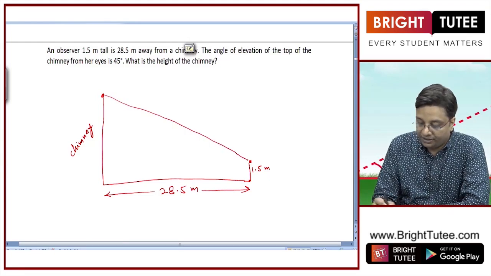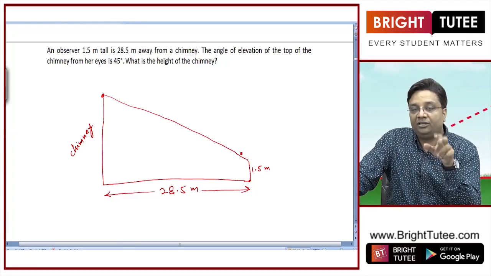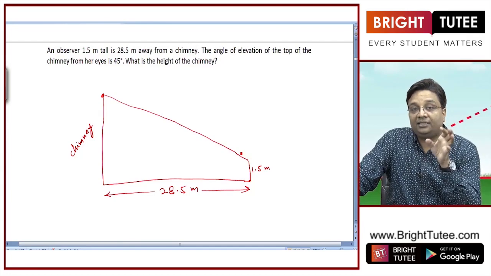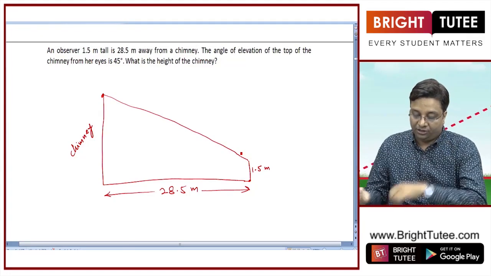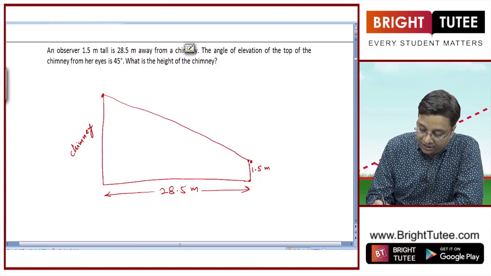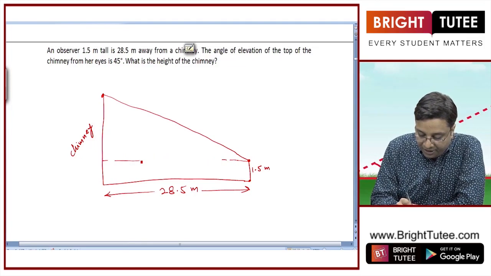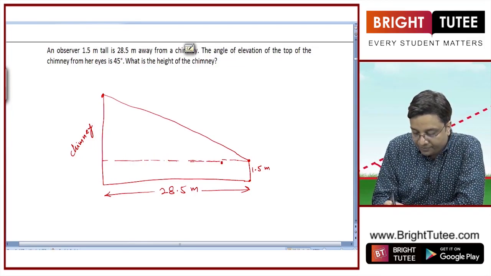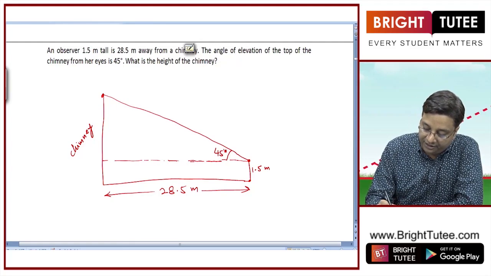Okay. So this angle here, now which angle will you take? I told you in the beginning that the angles are taken with the horizontal always, right? So this is the observer's eye. Now the angle will be this. So this angle is 45 degrees.